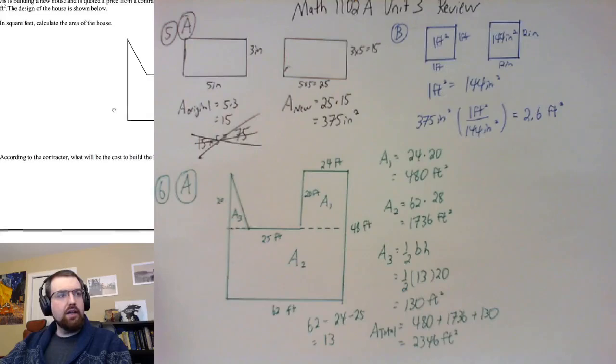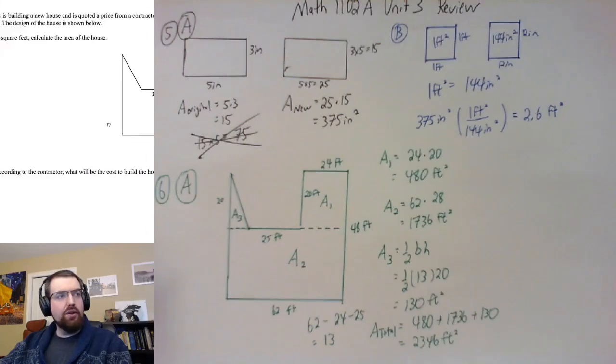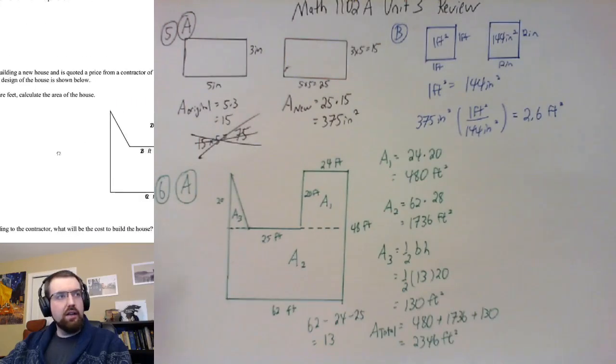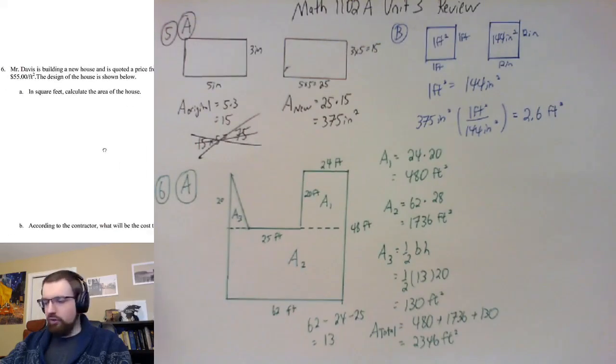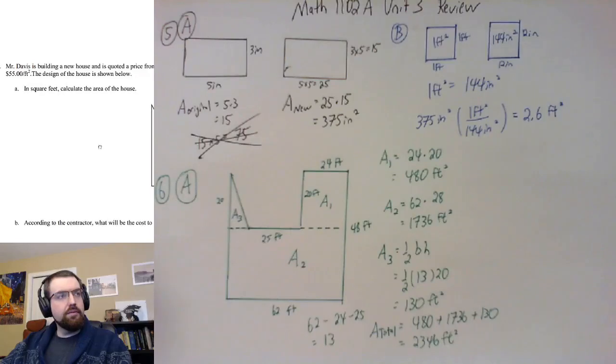According to the contractor, what will the cost be to build the house? Okay, well, how are we going to find that? So the contractor quoted a price of $55 per square foot, right? So if it's $55 for every 1 square foot, how are we going to find out what it's going to be if there's 2346 square feet?